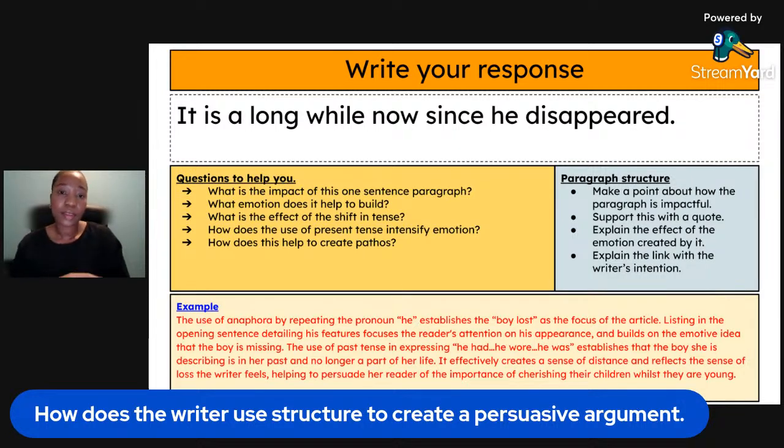So yeah, to help you answer that, think about what the focus is here. What's the focus in that paragraph, and how does that evoke sadness?